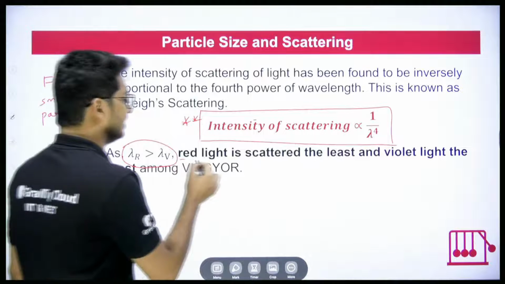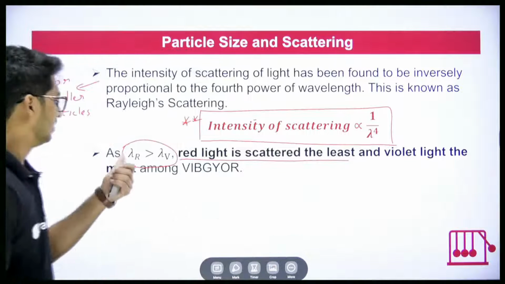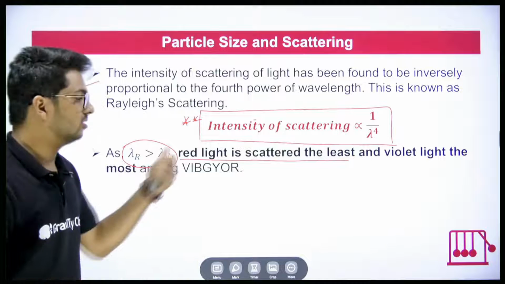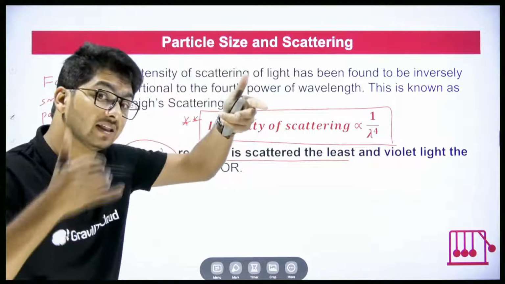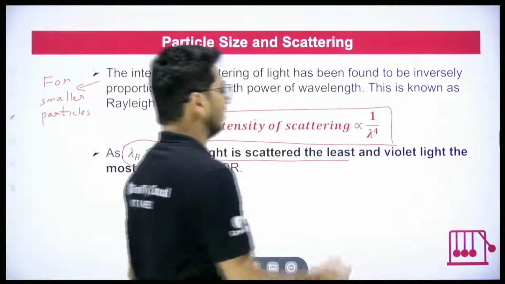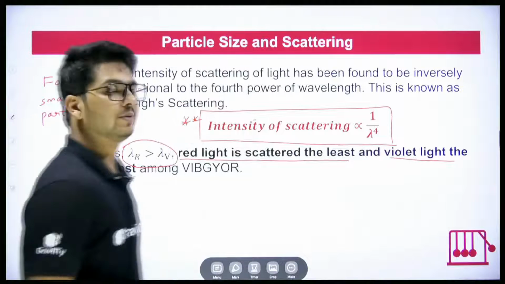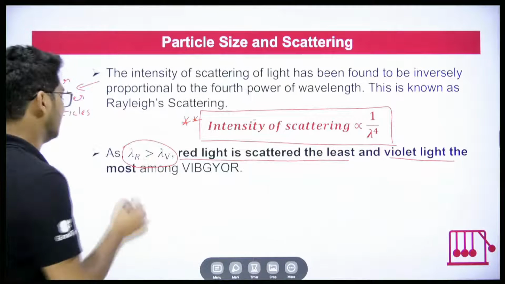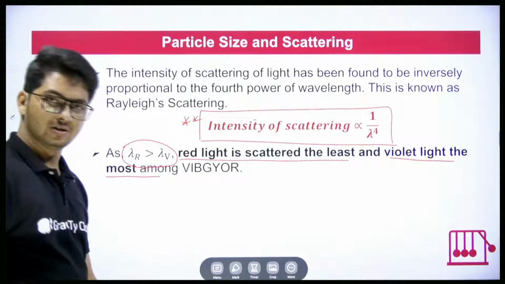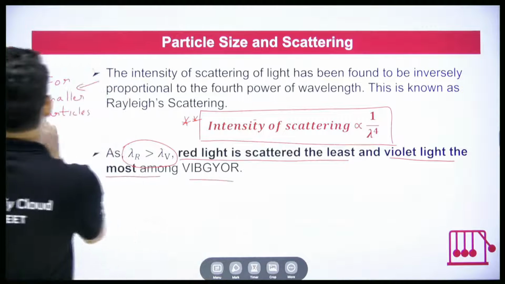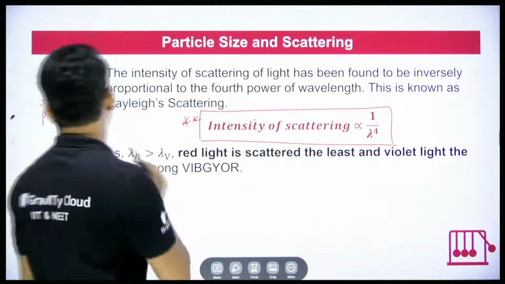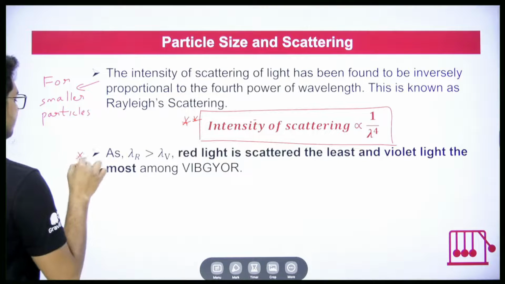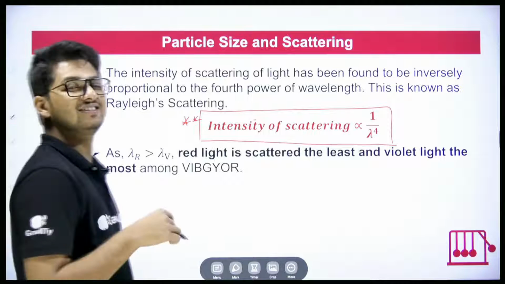So red light is scattered the least, and violet light, because its wavelength is less, will be scattered the most among the colors VIBGYOR. So again comes an interesting point. Obviously, it's important.